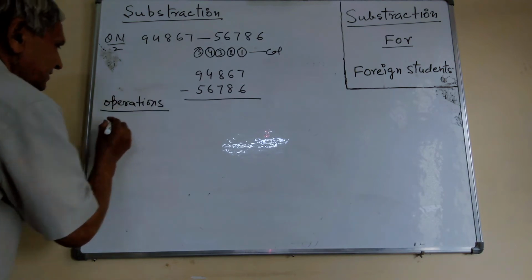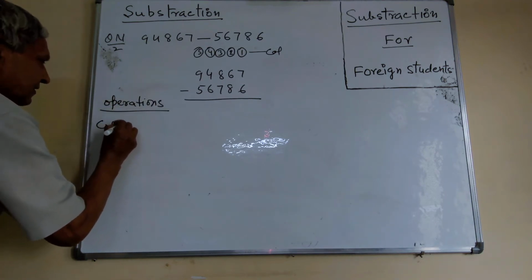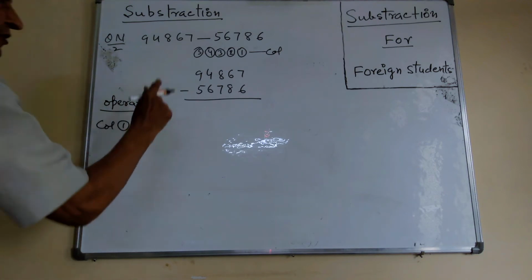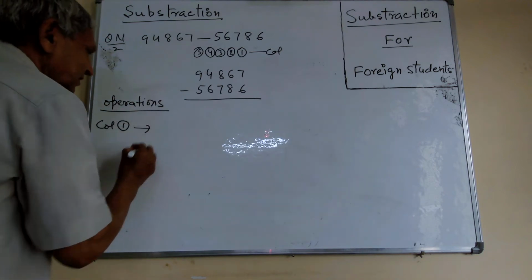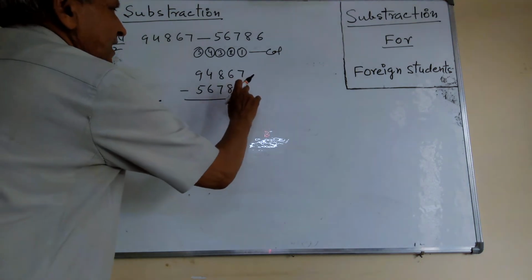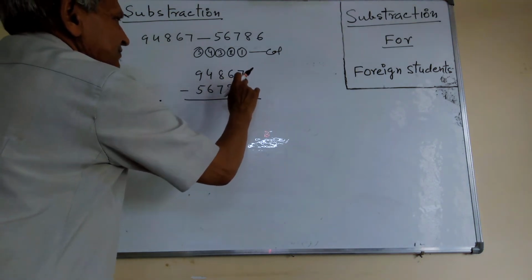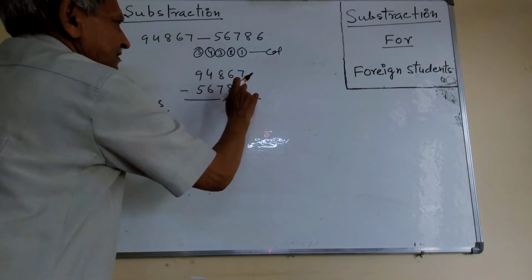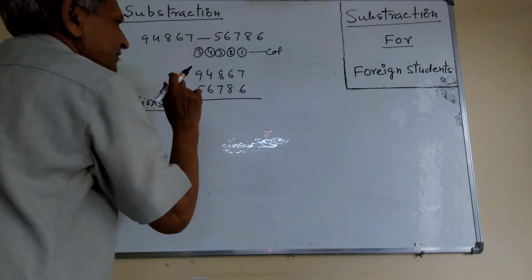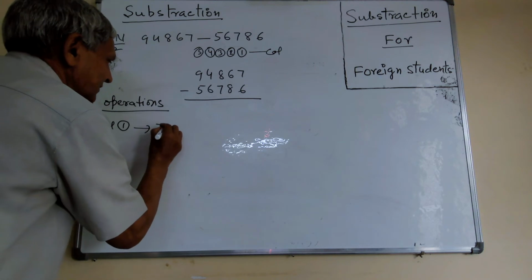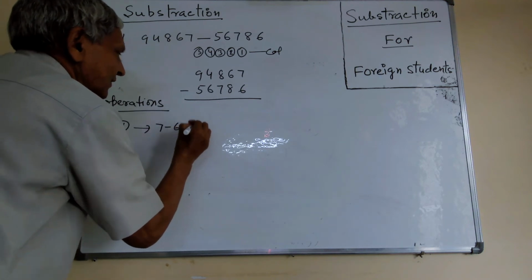Column first. Make the operation on column first. Here, we have to subtract 6 from 7 in the first column. 7 minus 6 is equal to 1.